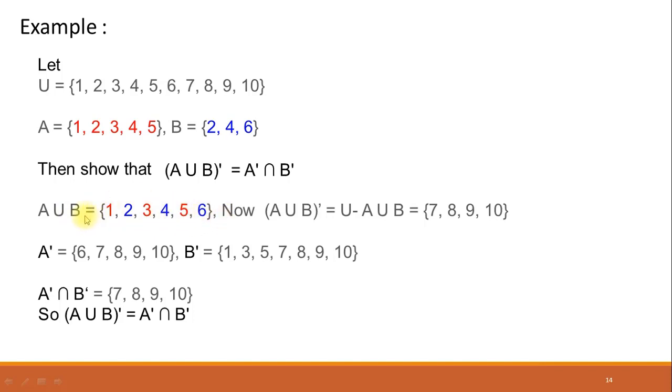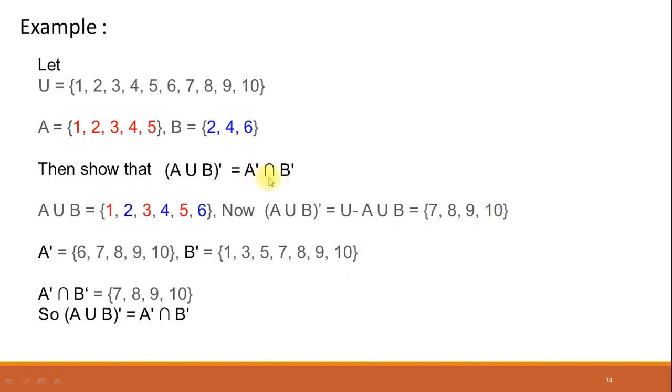Now to find the complement of A union B, the complement of A union B is equal to universal set minus (A union B). Subtracting the set A union B from the universal set, we get 7, 8, 9 and 10. So (A union B) whole complement contains the elements 7, 8, 9 and 10.